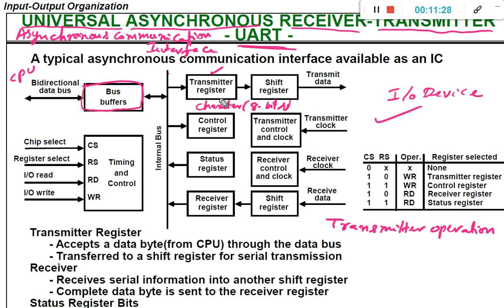Before it is actually transmitted, it will be moved to the shift register. The character from the transmitter register will be moved to the shift register in parallel, because the transmitter register as well as the shift register have the same number of bits.